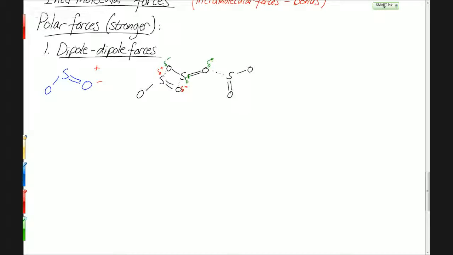There we go. And the partial negative from the oxygen could go with the partial positive of a different sulfur. And so you could imagine these things kind of forming this big network all throughout. And that's how liquids and solids are formed, that these molecules get together and they kind of hang on to one another. All right.